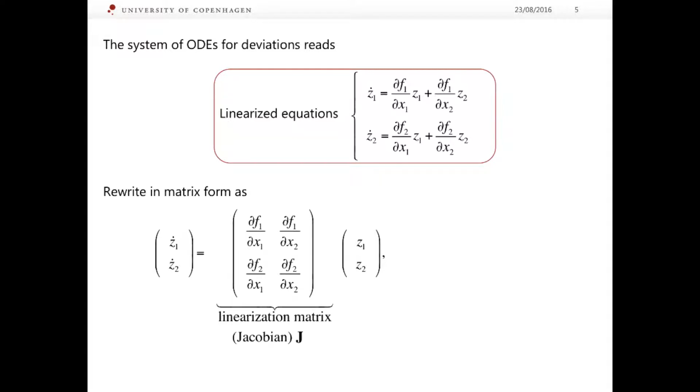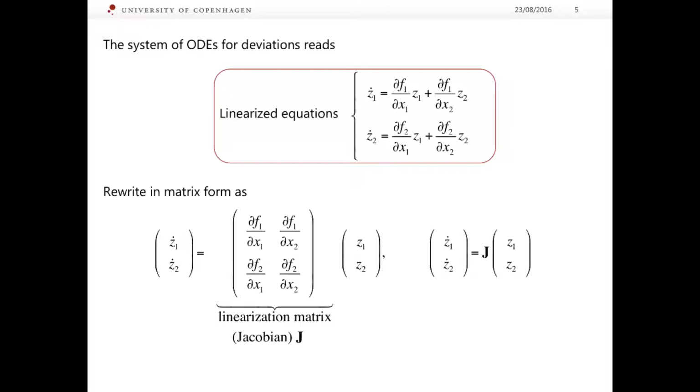The matrix in question consists of the elements which are equal to the partial derivatives of functions f1 and f2 which are taken at the fixed point. This matrix is called linearization matrix or the Jacobian, and we denote it by the bold capital letter J.